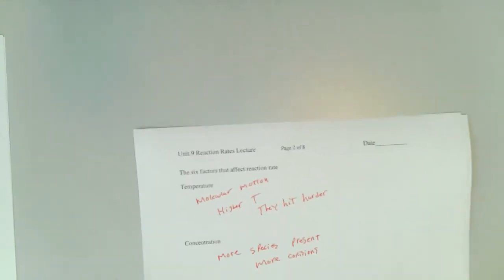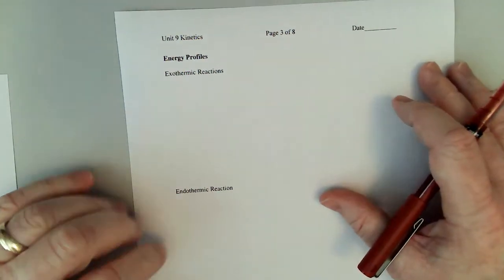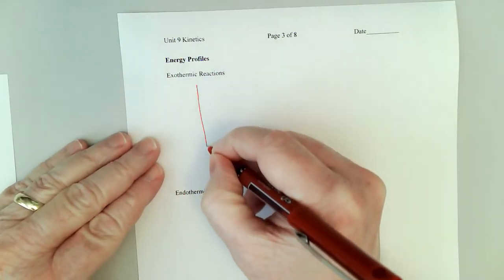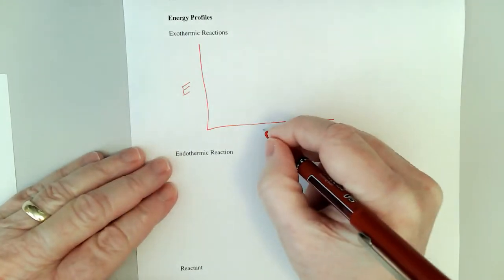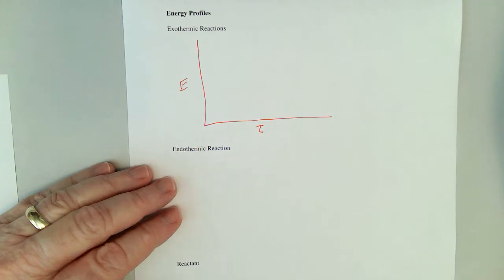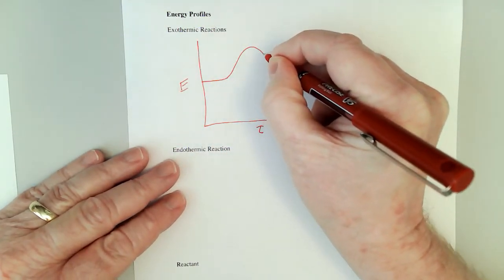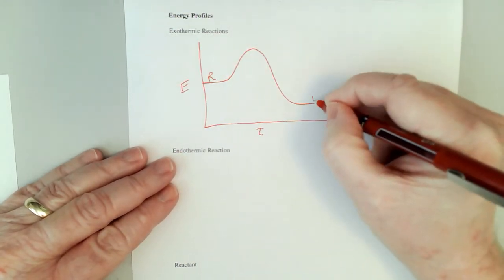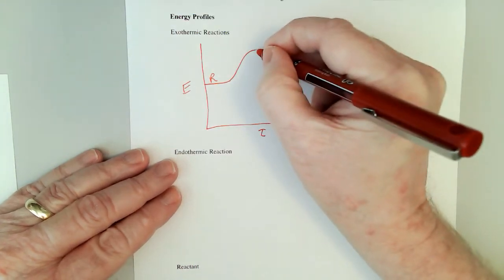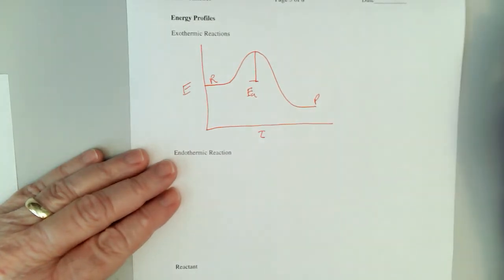Now, we're going to draw a couple of graphs here to try to understand energy pathways. We'll work on an exothermic reaction first. We'll put energy on the y-axis and time on the x, and it's going to look something like this. You've got your reactants over here, you've got your products there, and this right here is going to be called the activation energy.